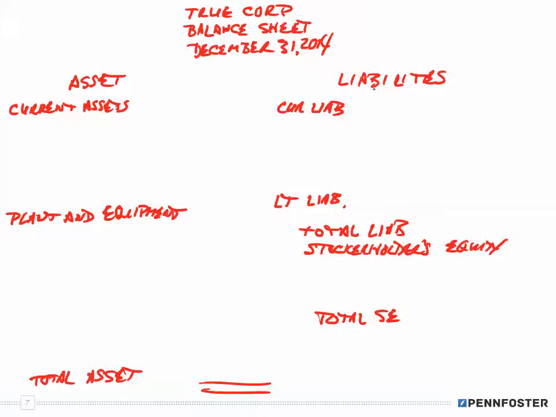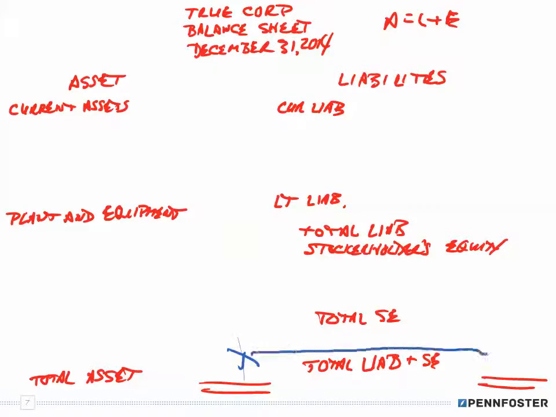And then, since our accounting equation is assets equal to liabilities plus equity, we have to add the liabilities and equity up. So we're going to have a total, and I'm abbreviating here, liabilities plus stockholders' equity. And I would write that out. And of course, that would be the end of the calculation. And my assets here have to equal my liabilities plus equity there when I get done with this.